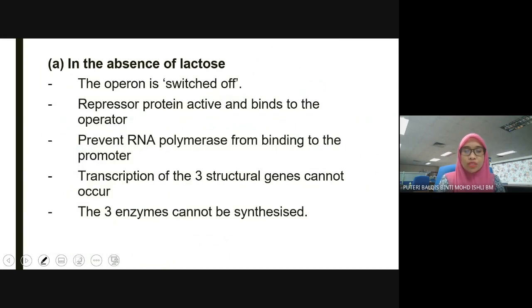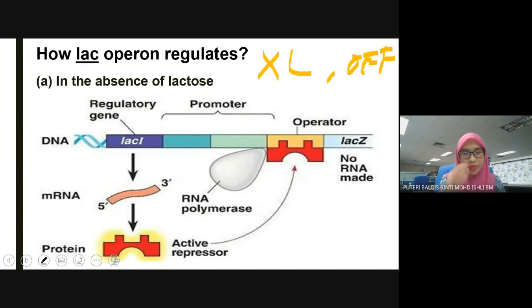Before we proceed to the absence of lactose, I'm going to explain what this diagram is all about. This is Lac I, known as the regulatory gene. It codes for repressor protein.